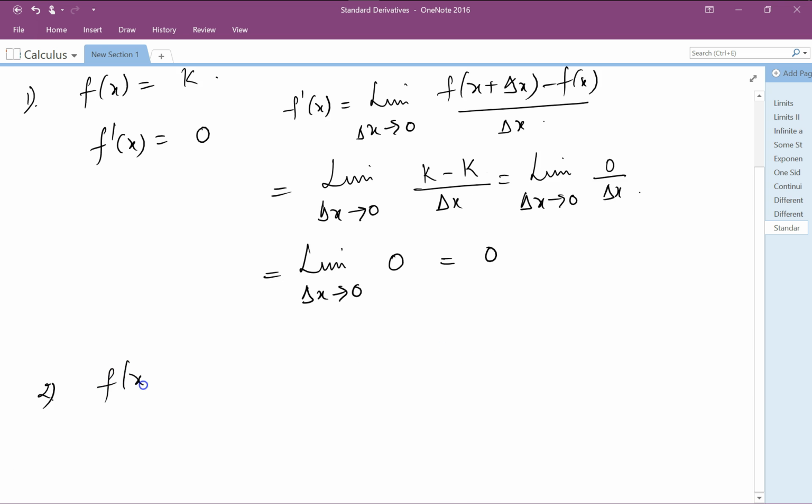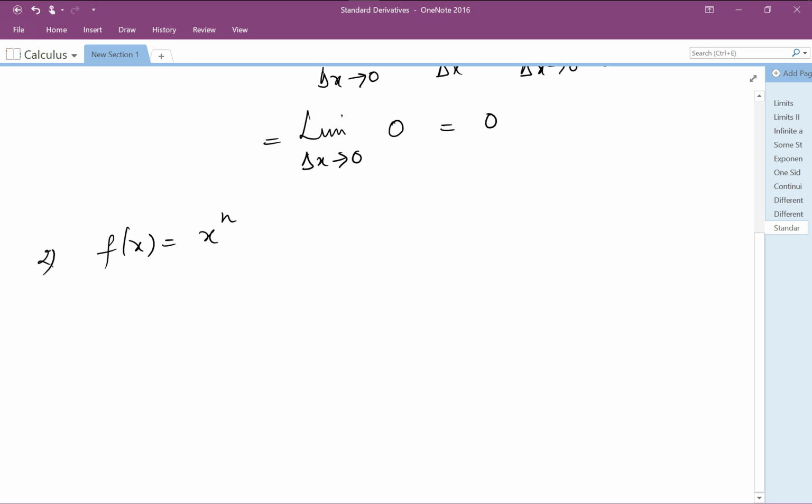Now let's say f of x equal to x to the power of n. Let's see what this derivative looks like. So again, f prime of x is equal to limit as delta x approaches 0 of f of x plus delta x, that is x plus delta x to the power of n minus x to the power of n divided by delta x.